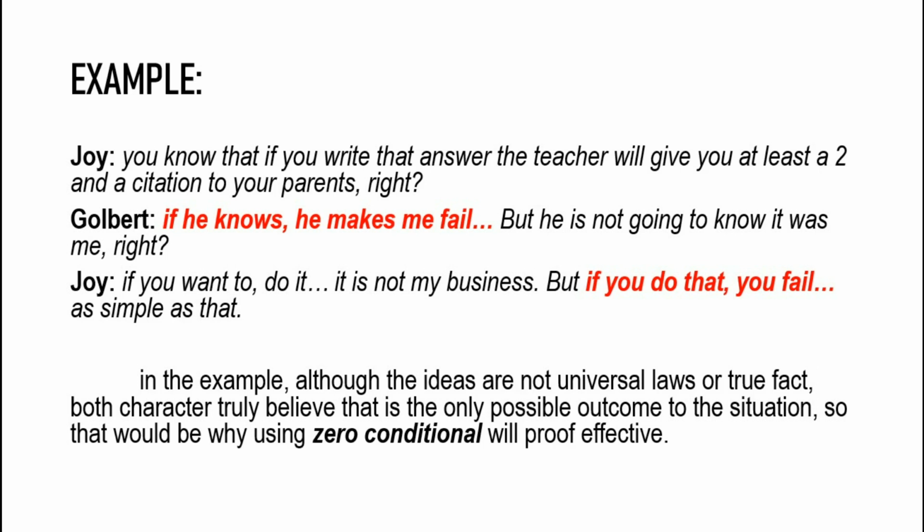So using the zero conditional will prove effective right there. It means that these two statements, if he knows, he makes me fail, if you do that, you fail, are not 100% true.